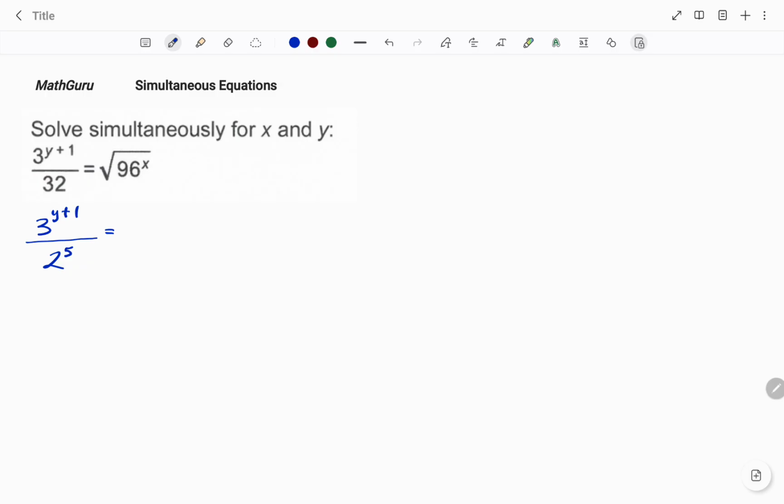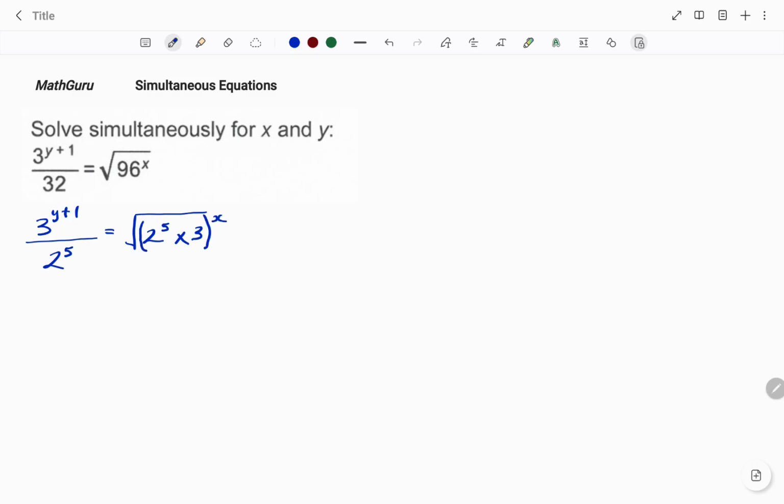So I have square root of 96, that's 2 to the power of 5 times 3. Note that all this is raised to the power of x.